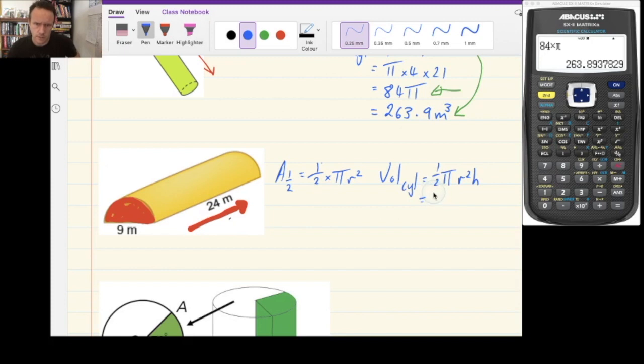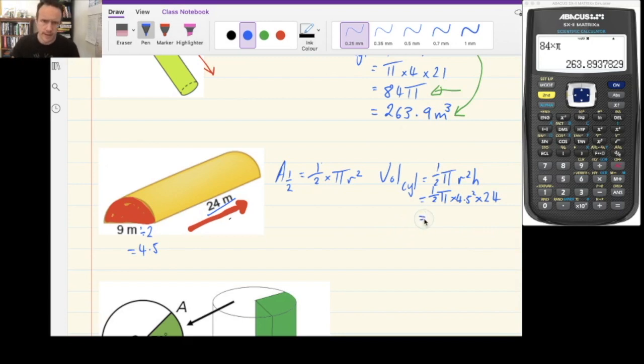So let's now put in our values. So half pi r squared, that's the diameter again, so we want to halve that. Divide that by 2, which equals 4.5. So pi times 4.5 squared times 24. Is that the length there? Okay.